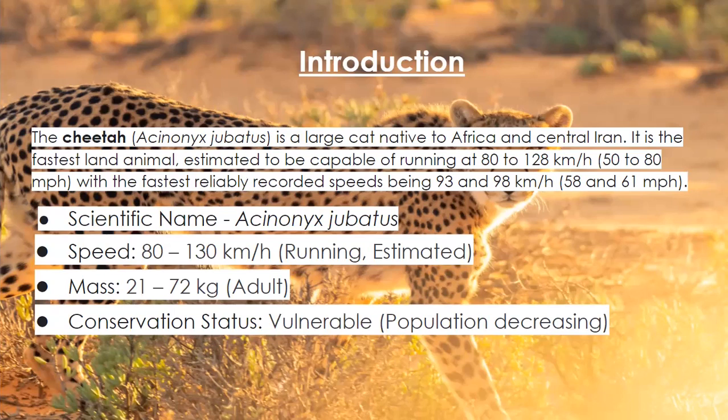Here again, their speed, you can see in the bullet points, their weight 21 to 72 kilograms, and their conservation status is vulnerable. So they're classified as vulnerable for extinction. Okay, so any questions till now? Okay, we'll move on.